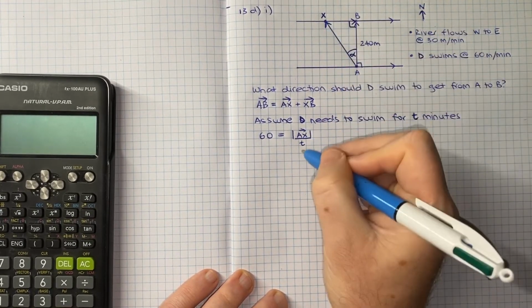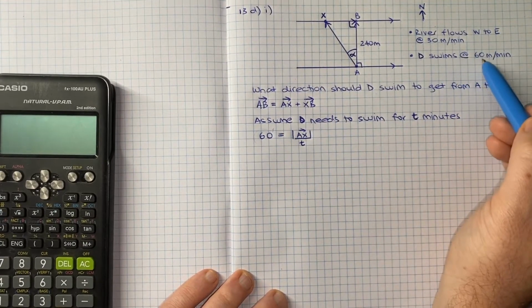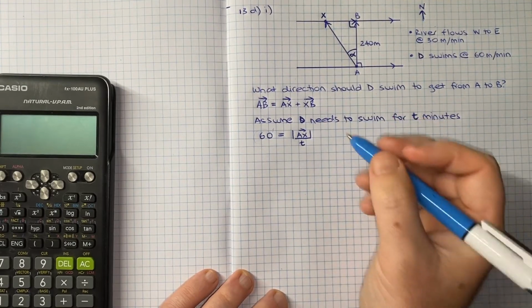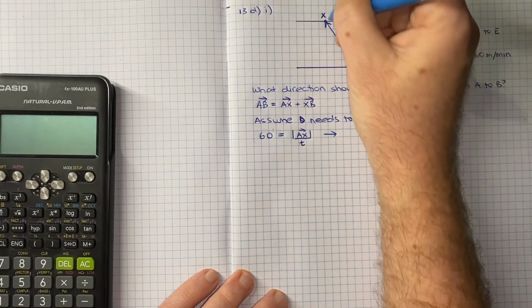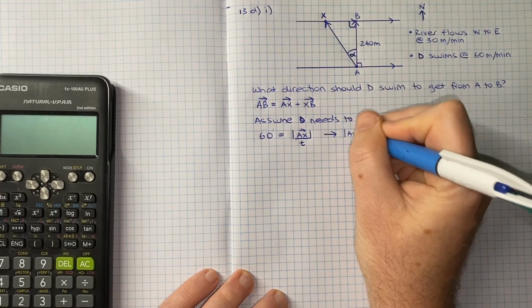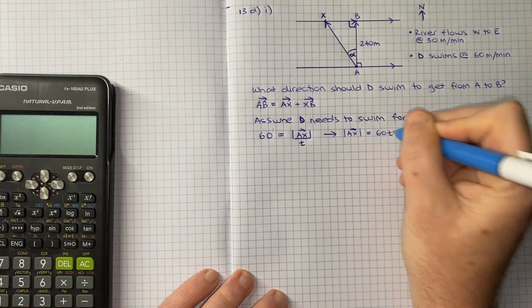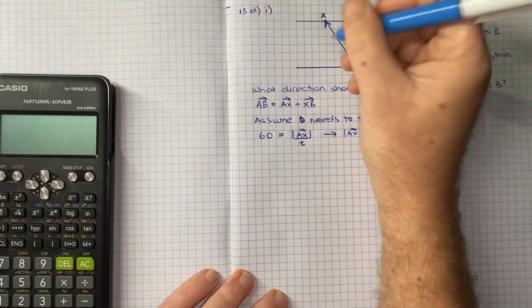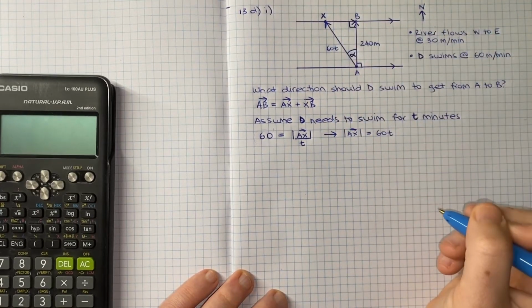That magnitude divided by T will be 60 because that's the speed at which D swims. And so with a simple rearranging, the magnitude of the AX vector will be equal to 60T. So I can just multiply the T up. So this length here is effectively 60T.